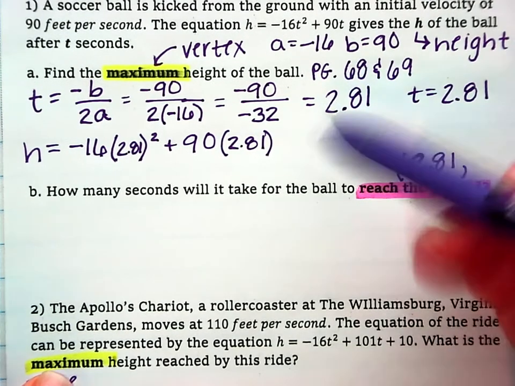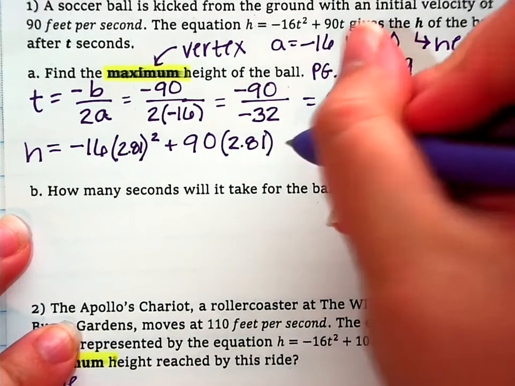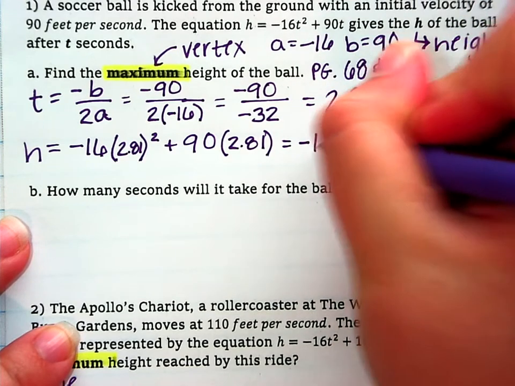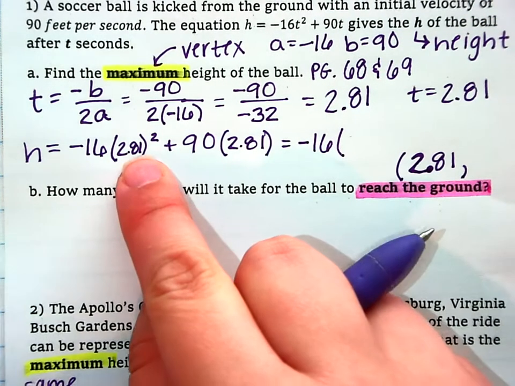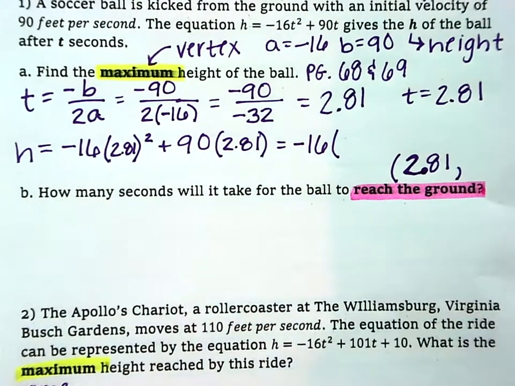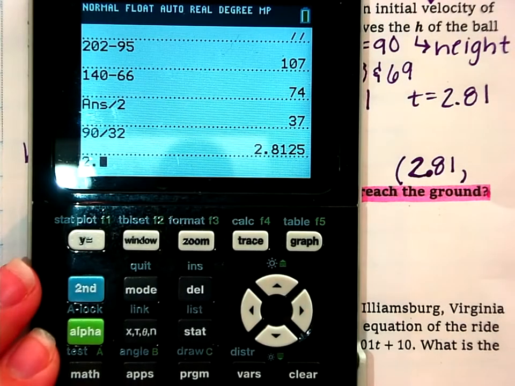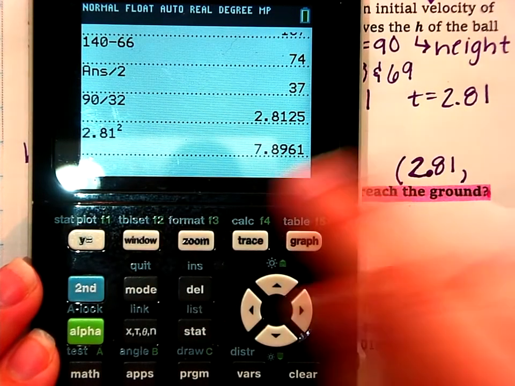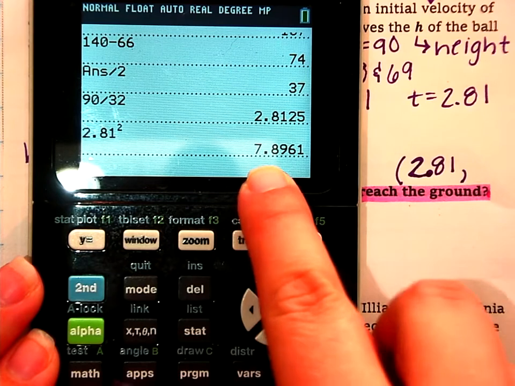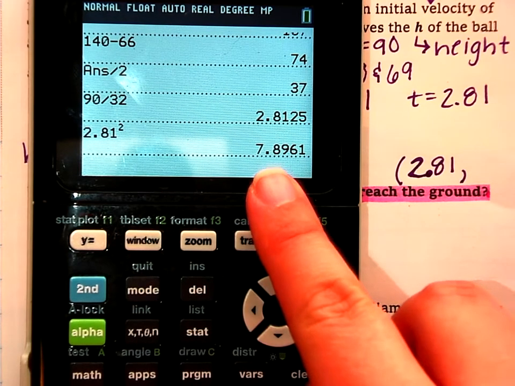Now to figure out h, we need to do PEMDAS. So we have negative 16 times 2.81 squared. 2.81 squared is going to give us 7.9.